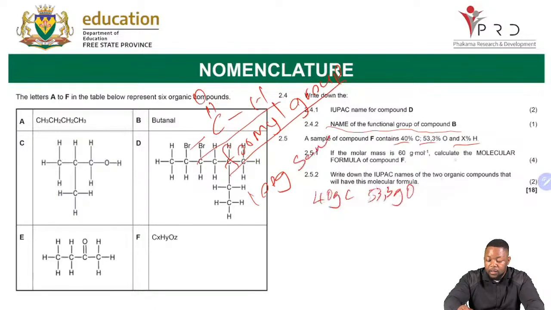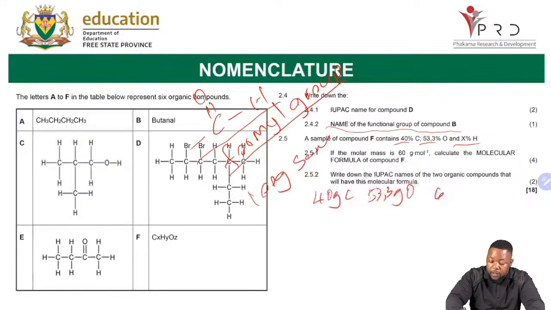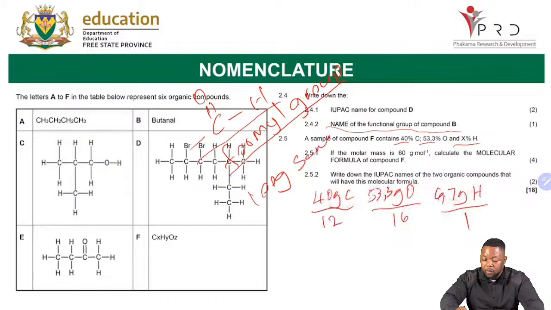Then if we take the difference now, remember each molecule must have a 100% mass. Therefore, we can take 100% minus those percentages, 100 minus 40 minus 53.3. That would give us 6.7, so we'd have 6.7 grams of hydrogen. If we divide now to get the number of moles, the molar mass of carbon is 12, the molar mass of oxygen is 16, the molar mass of hydrogen is 1, so 6.7 divided by 1 would be 6.7.